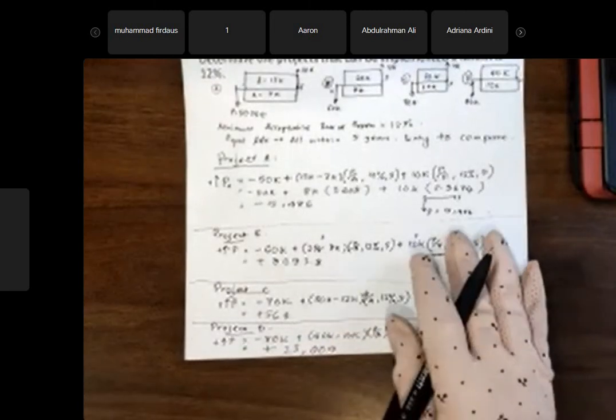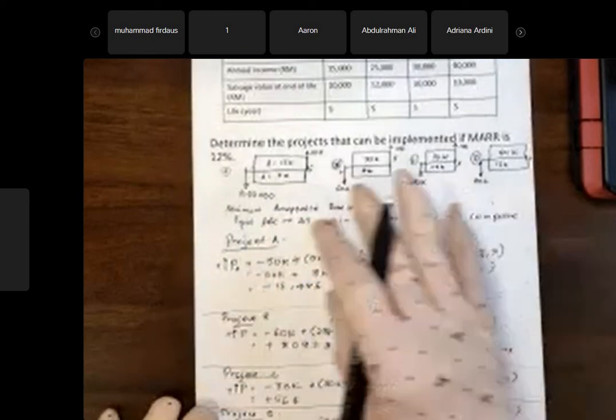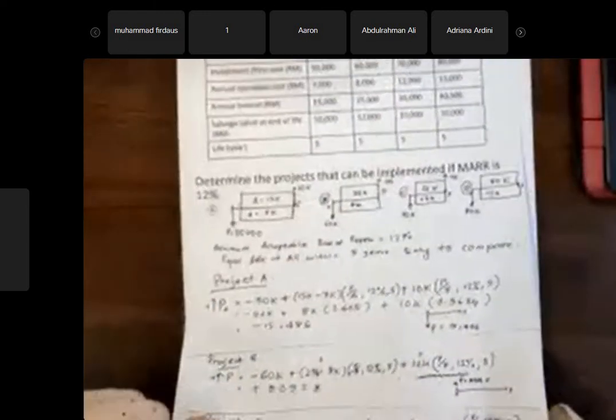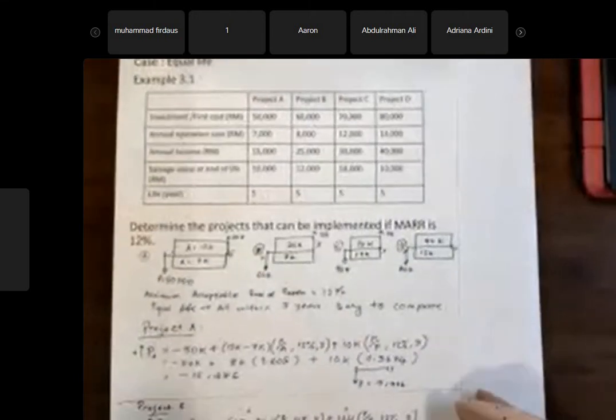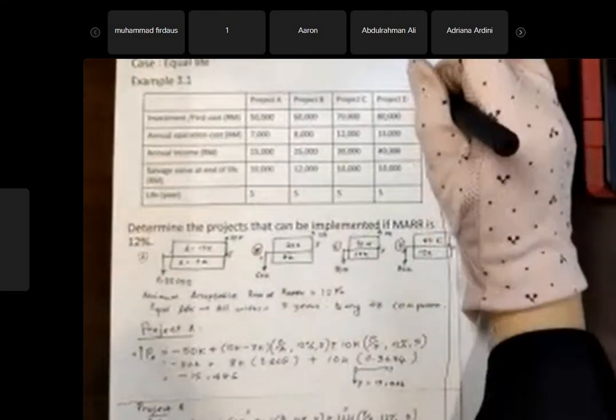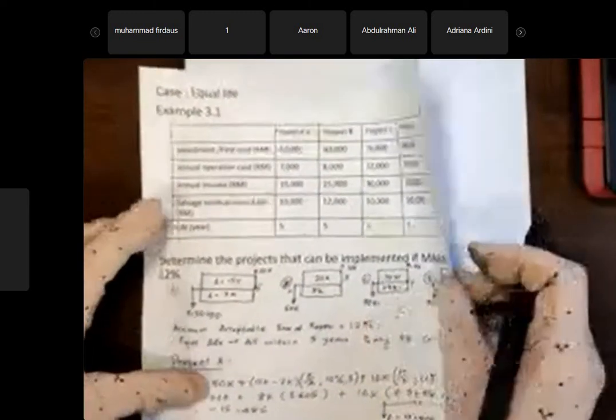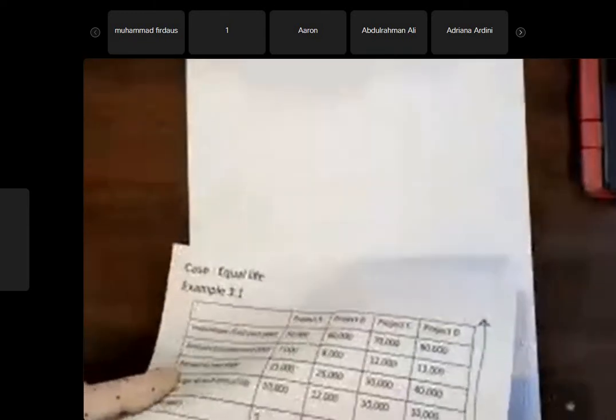Now how to compare? How to compare? I will continue on the next part.